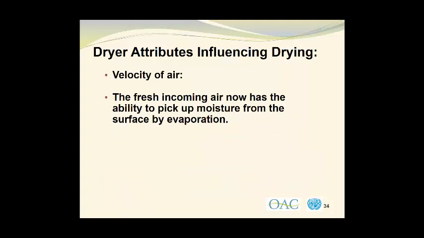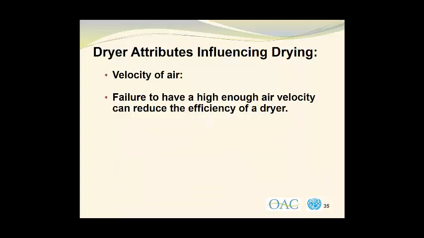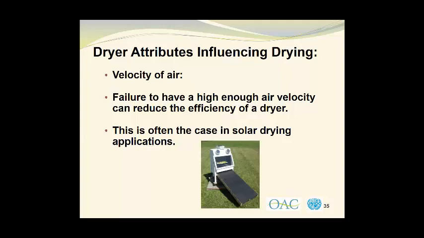The fresh incoming air now has the ability to pick up moisture from the surface by evaporation, and we'll indicate that by these two arrows that go upward and downward from the surface that show the fresh incoming air evaporating moisture from the surfaces. Failure to have a high enough air velocity can reduce the efficiency of a dryer. This is often the case in solar drying applications.